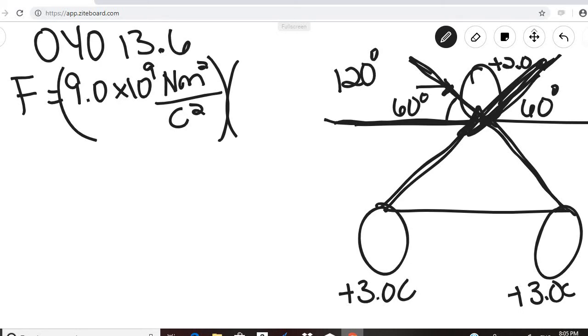So what were the distances again? They're 1.1 meters. Okay, so and they're also all going to be repulsive forces.